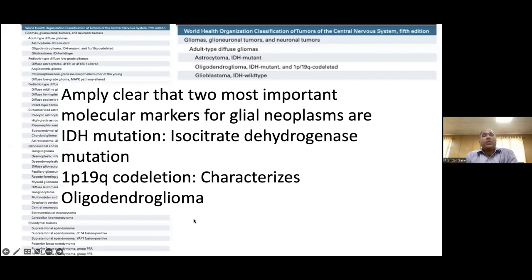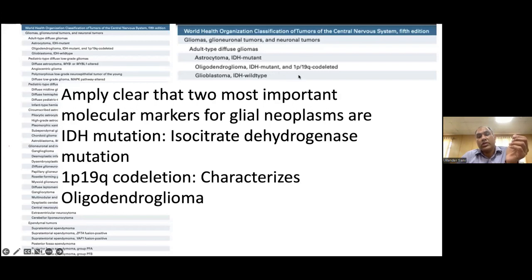So among the primary brain tumors, among the gliomas, there are three kinds of tumors, as I mentioned, in adult patients: astrocytomas, oligodendrogliomas, and glioblastomas. Astrocytomas are all IDH mutant type, oligodendrogliomas are IDH mutant and 1p19q co-deleted, glioblastomas are all IDH wild type. So this is how we classify, and astrocytomas further can be grade 2, 3, and 4.